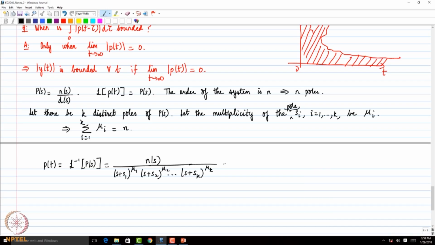So, what is going to happen is that when we do the partial fraction expansion, we are going to get something like this.